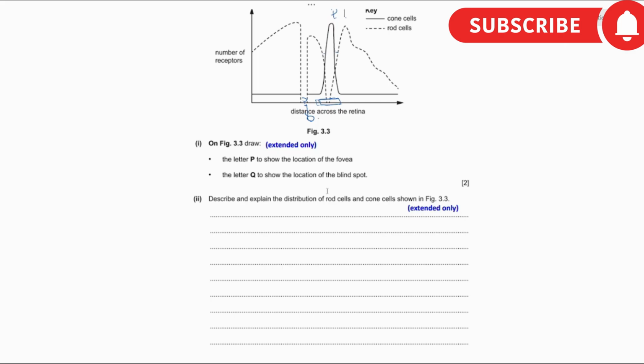What is present in greater quantity, rods or cones? The rods are present in greater quantity as compared to the cone cells. What else is more visible? Where are cone cells mostly present? Where are the rod cells mostly present? There are more cone cells at the fovea.